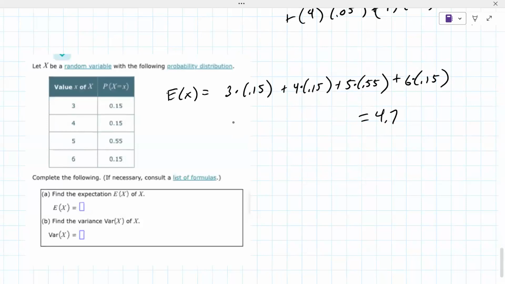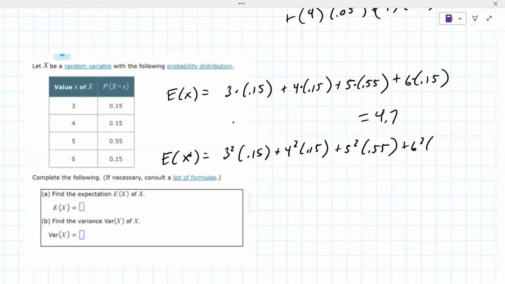Then the next thing you have to find is what's called the expected value of x squared. So you square the 3 times 0.15, plus 4 squared times 0.15, plus 5 squared times 0.55, plus 6 squared times 0.15. You should be able to go back in yours and just add a square to each of these numbers and get the new one.